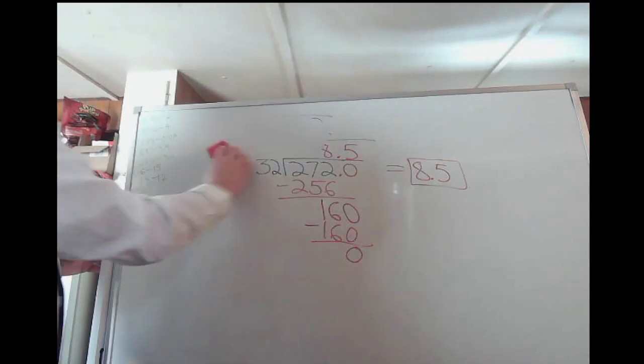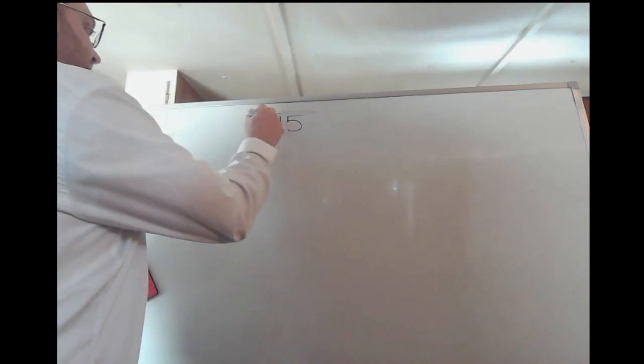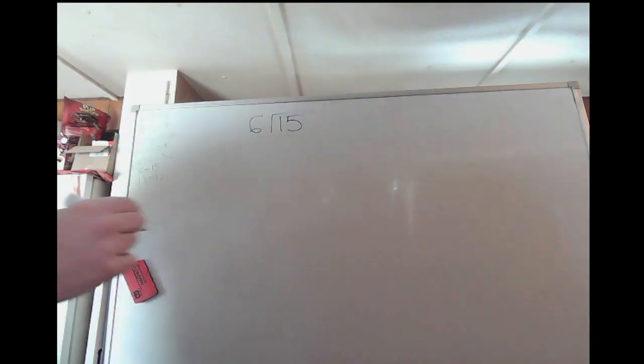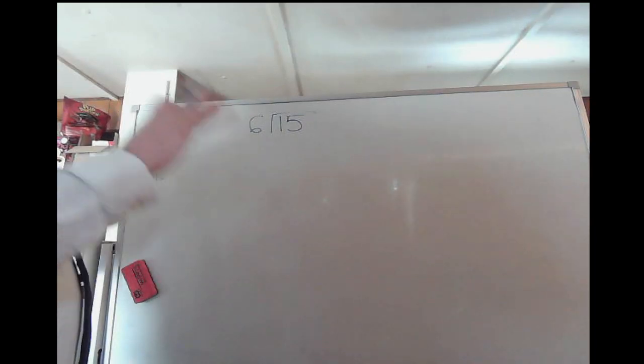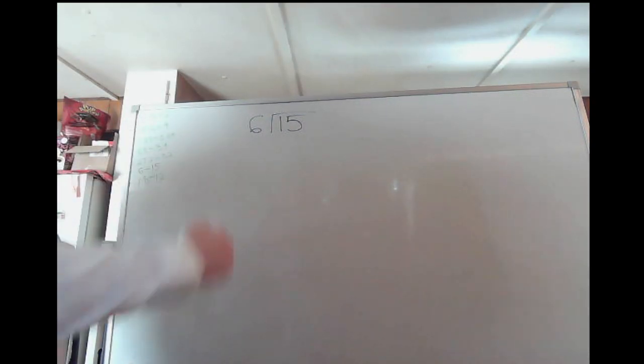I got 2 more examples here. Okay, how about we get 15 divided by 6. So we have 15 divided by 6. Good news is we have no decimals in the divisor.